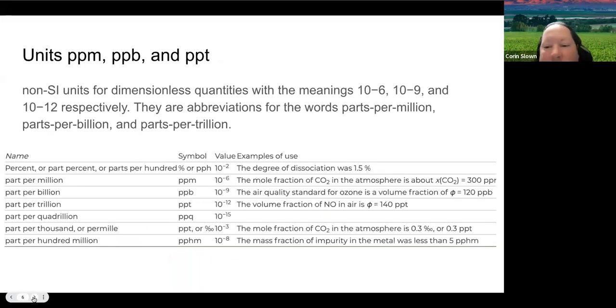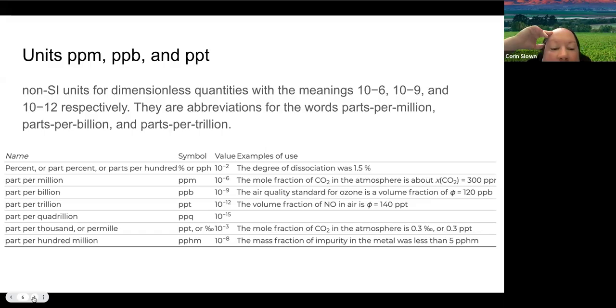The other thing that we talked about at length last week was using parts per million. But it's important here to say that in addition to parts per thousand and parts per million, there's also parts per billion and parts per trillion. It's super unfortunate that PPT can mean either parts per trillion or parts per thousand. Today, the convention is typically that PPT is parts per trillion.